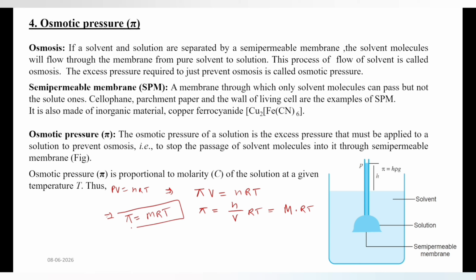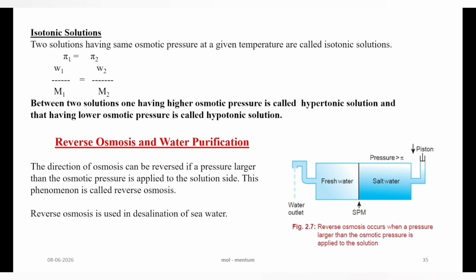M is molarity, and molarity is concentration, so in some books it is also written as pi equals CRT, where C is the concentration, the number of moles divided by the volume of solution in liters. So we get the equation pi equals CRT.